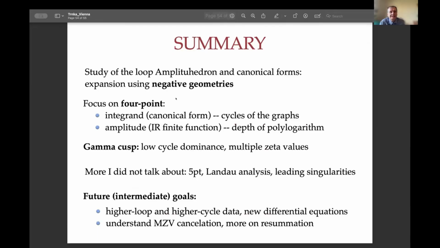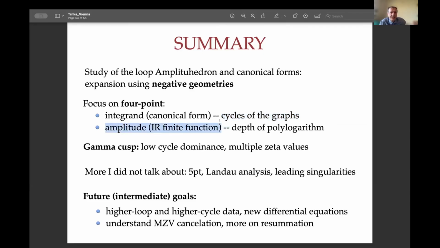Okay, so this is my last slide. We discussed these negative geometries as the expansion for the amplituhedron and the logarithm of the amplitude. We focused on 4-point, got some intuition how to build canonical forms, and these internal cycles of these graphs were an important guide.